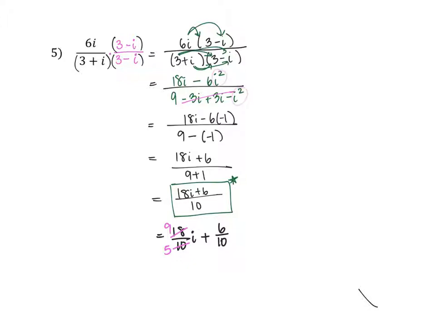If I try the other one here, 6 and 10 can be reduced because 2 goes into 6 and 10. 2 goes into 6 3 times. 2 goes into 10 5 times. And so I really have 9 over 5 i plus 3 over 5. And so this here is the most simplified form.